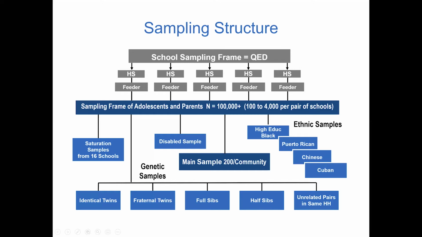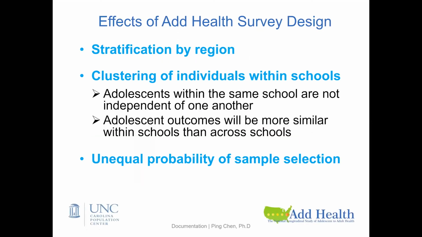All right, so returning then, of course, the things that we're going to need to adjust for here are stratification by region, the clustering of individuals within schools. The reason that this is problematic is that statistical theory requires that our units of observation are independent.